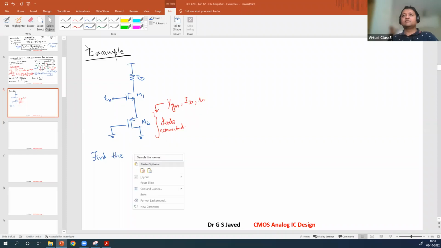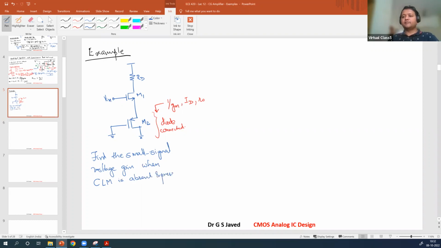Find the small signal voltage gain when channel length modulation is absent and present. So Av when CLM is 0 and Av when CLM is non-zero, that is, it is present.